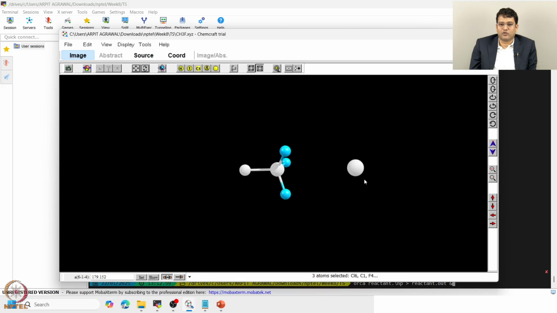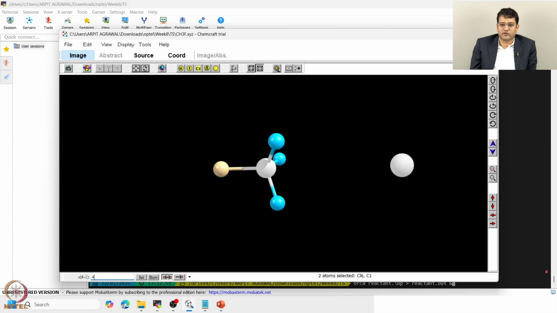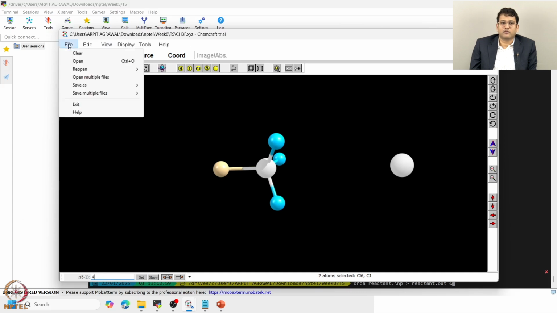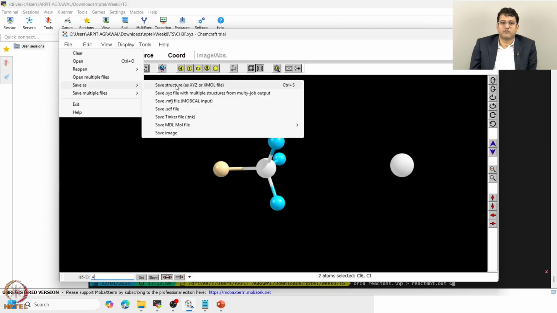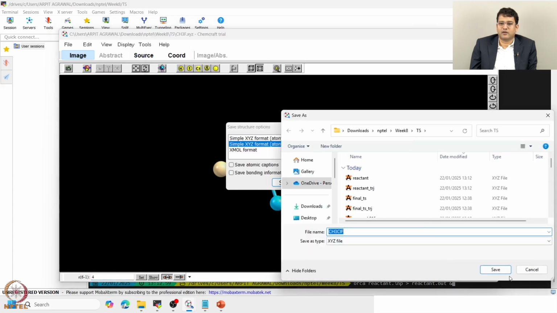The angle is also not a very problematic thing. Maybe I can increase the distance a little bit more to make it 4 angstrom. And this may give me a better starting structure. I keep the name as reactant.